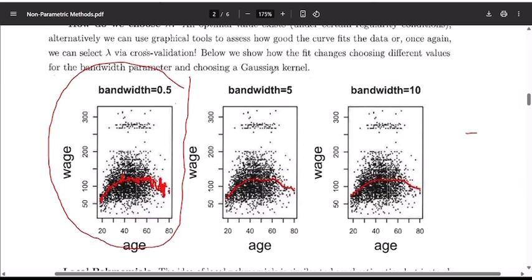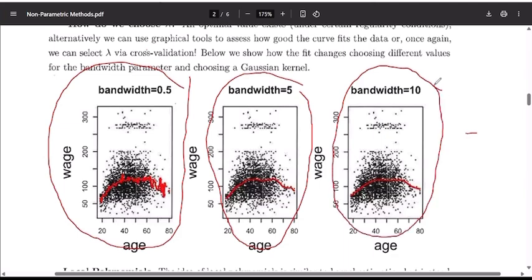Now, when it is equal to 5, there's a balance between flexibility and interpretability. What we're looking for, we don't want it to be too flexible.